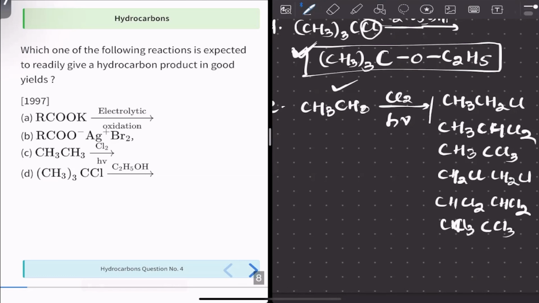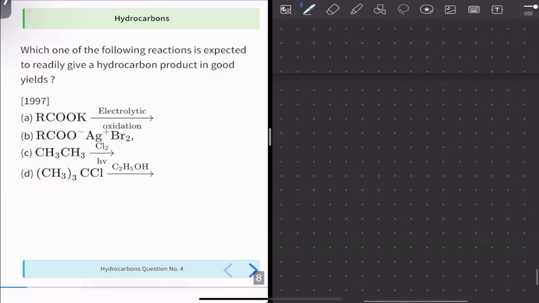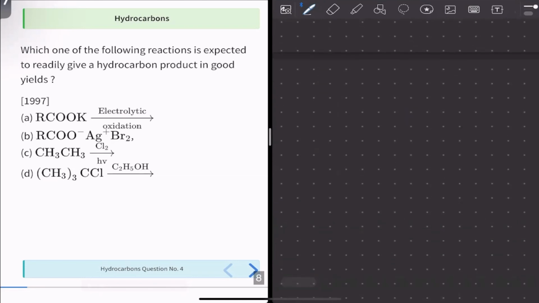Okay. These are the products it can produce, but it is not a pure hydrocarbon. So option C is also not correct.